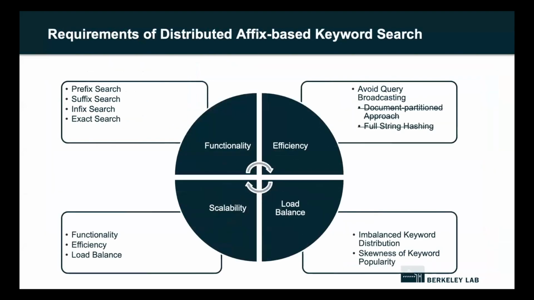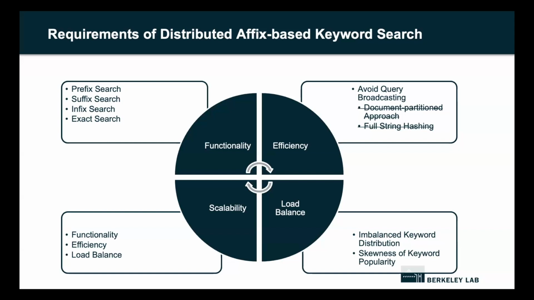So here, when considering distributed affix-based keyword search, here are some of the requirements. Functionality-wise, we need to support prefix search, suffix search, infix search, and exact search. For efficiency, we need to avoid the document partition approach and full string hashing because we don't want any query broadcasting.